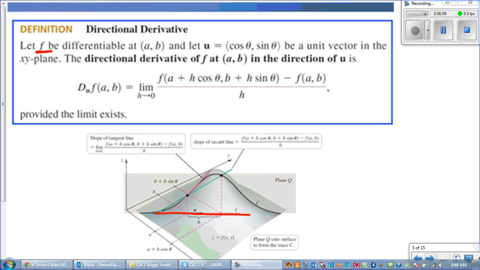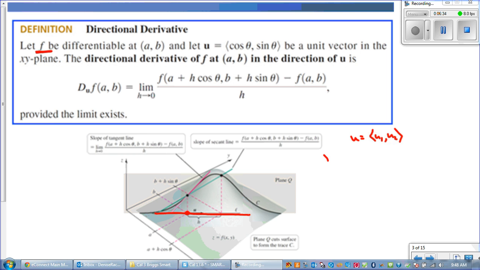So I'm going to start with the point (a, b) and parameterize this line L by using my unit vector u as the components. So u can be written with u1 and u2.